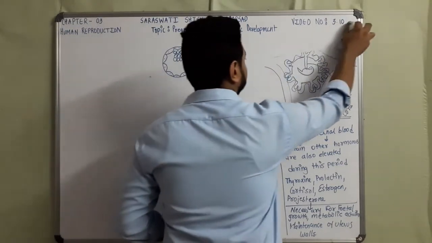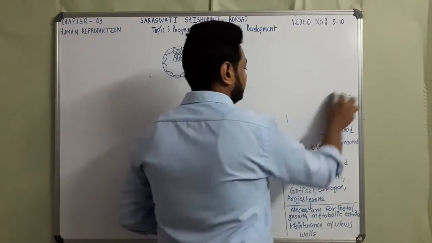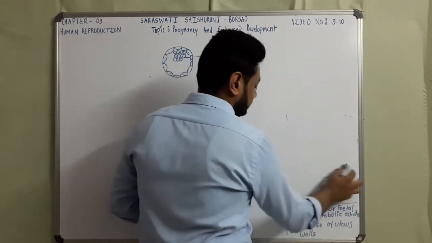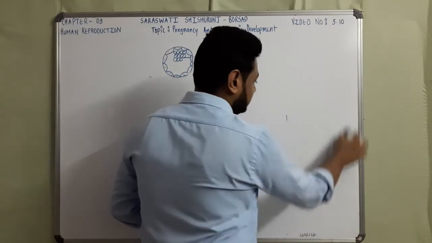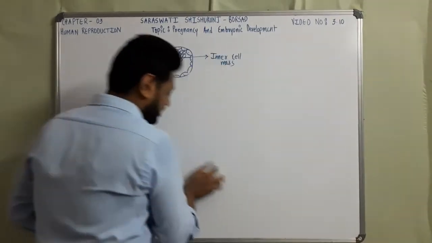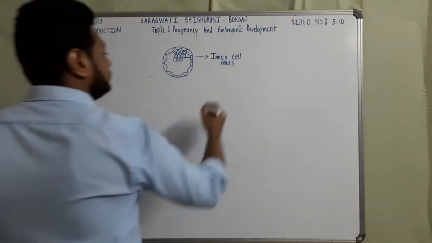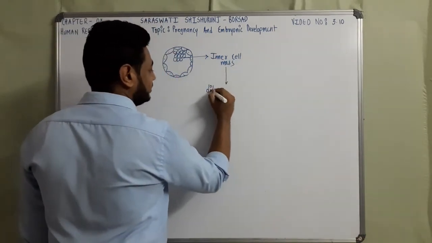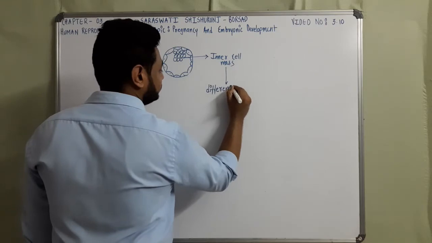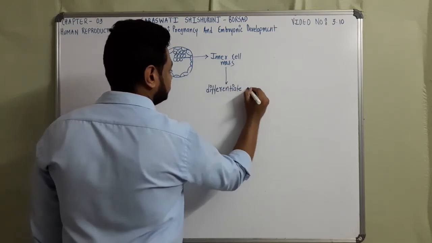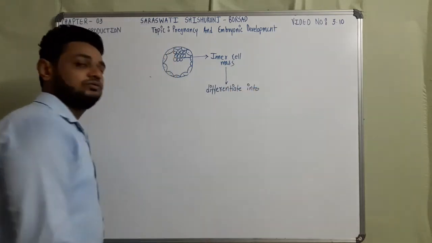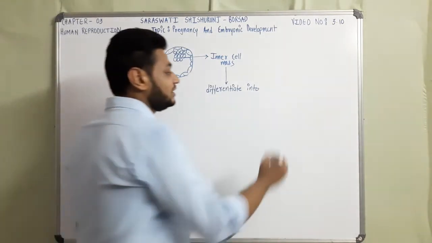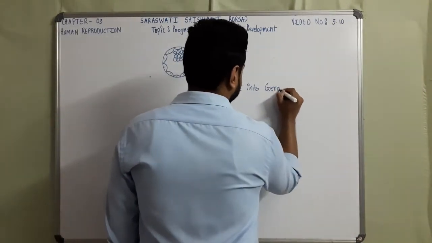Inner cell mass differentiates into the three germinal layers. First, there will be the differentiation of the ectoderm and endoderm.